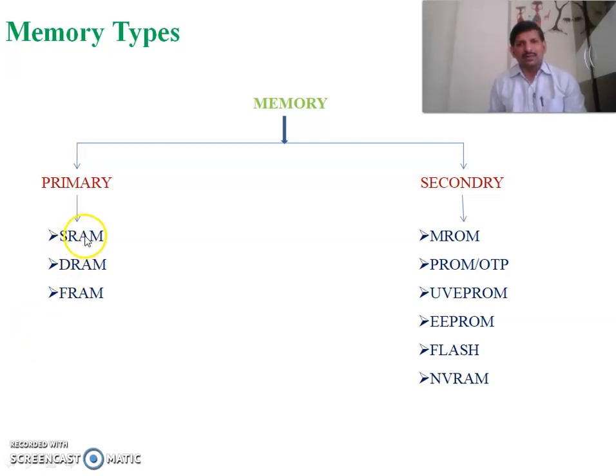In SRAM, a memory cell is created by using 6 MOSFETs. It is very fast, requiring 10 nanoseconds for accessing the data. It is more expensive since it requires 6 MOSFETs to implement. An example for SRAM is the internal cache.